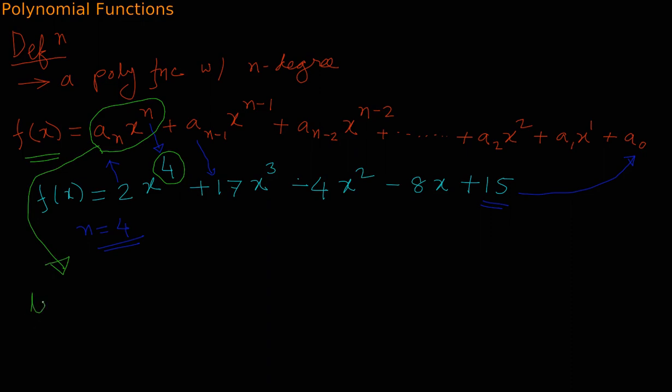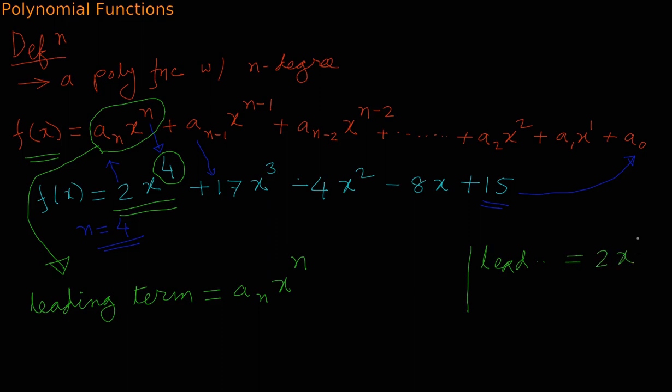So definition of the leading term is a n x power n. So for this example, my leading term is 2x power 4. So for the example function, my leading term equals 2x power 4. All right, because 4 is the highest power of x.